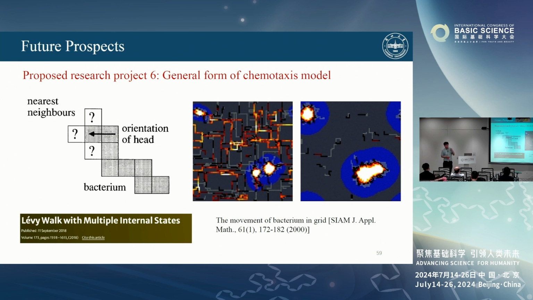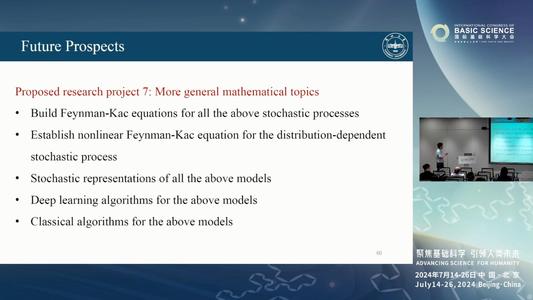After we build the stochastic process, we then derive the PDE, which describes the thermotaxis model for this motion. More work is to build the Feynman-Kac formula for all the above stochastic processes, establish the nonlinear Feynman-Kac for the distribution-dependent stochastic process, and also the stochastic representation for the above problems.